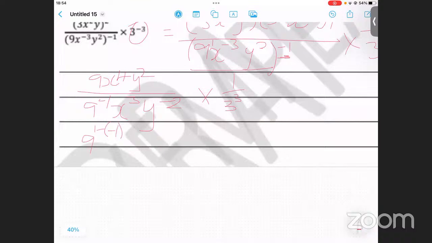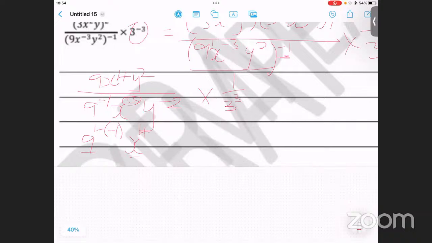And then we're going to have x. x has an exponent of 4, so it's going to be x to the power of 4 minus 3. These are the same bases. We have a base of 9, a base of x, and a base of y, so we're going to group them together, cousins with cousins, brothers with brothers, sisters with sisters.